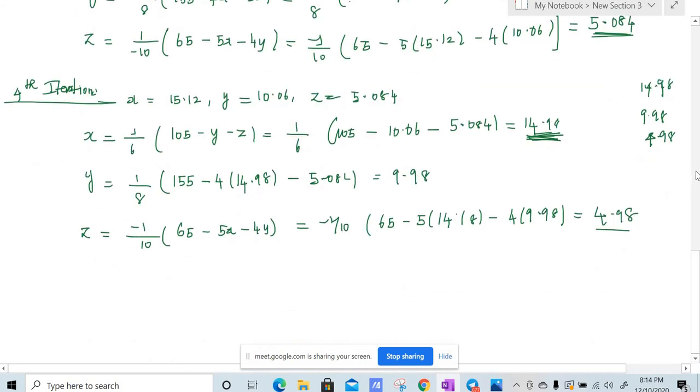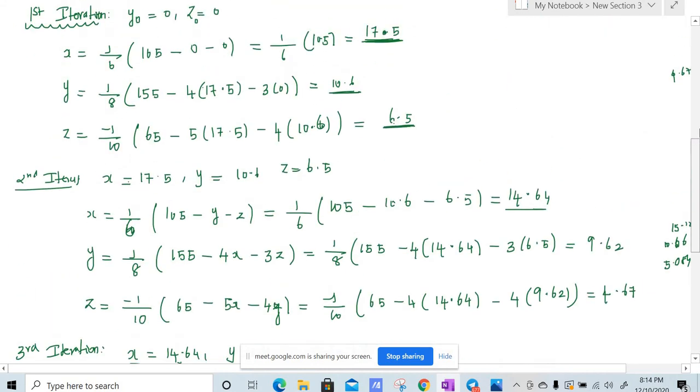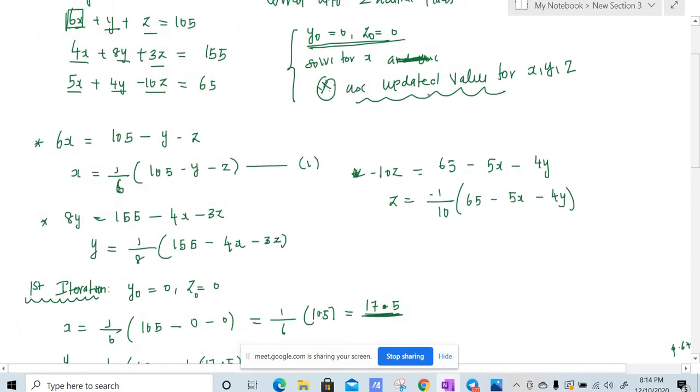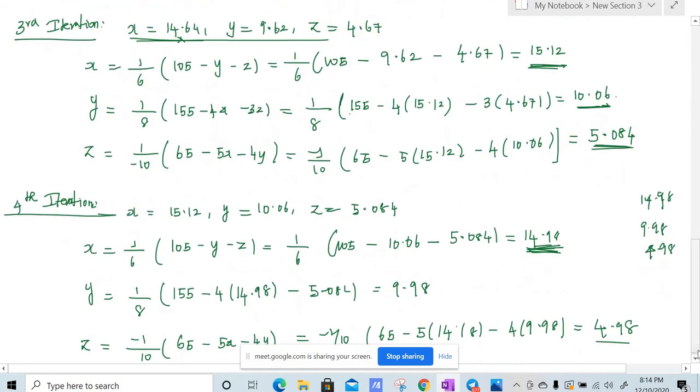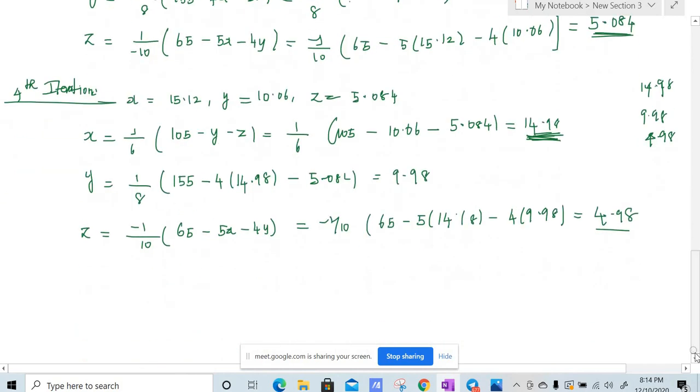So that's the Gauss-Seidel method to find the values of x, y, z, and the important thing is you should always use the updated values. If they haven't mentioned the initial condition, you should choose y naught equal to 0 and z naught equal to 0, solve for x, and always use the updated value to find the iteration values. So I will do one more problem now.